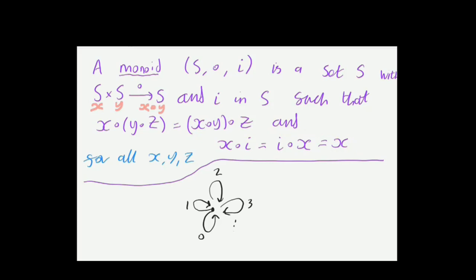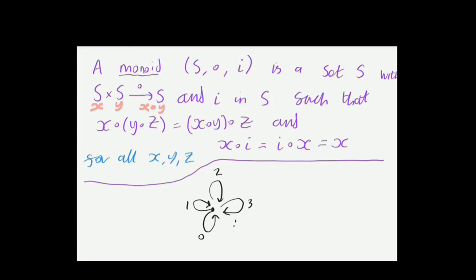And a great example is the natural numbers. Okay, so we have these natural numbers 0, 1, 2, 3, and so on. And we have this binary operation where we can take in a couple of natural numbers and get a new one by adding them together.